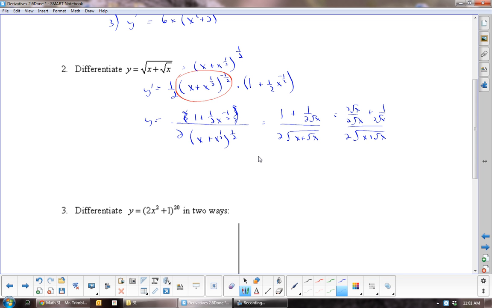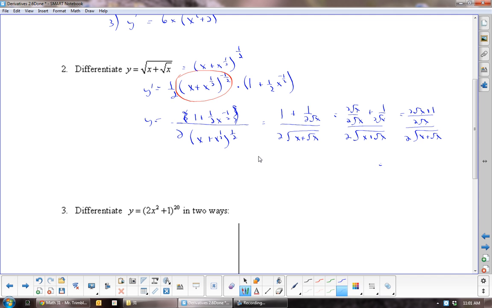So this would equal 2 root x plus 1 all over 2 root x, all over 2 root x plus root x. Okay, so what I'm going to do is take that division statement and make it into a multiplication statement.